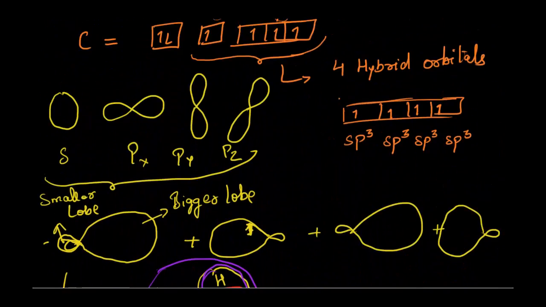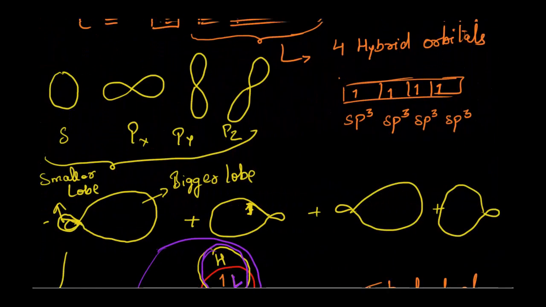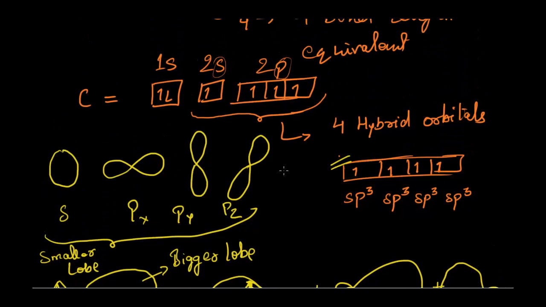Now some of the points to take down from this video: whenever hybridization is happening, the number of hybrid orbitals formed, so here we got four hybrid orbitals, is equal to the number of hybridizing orbitals. Here the hybridizing orbitals are one s orbital and three p orbitals. Therefore the number of hybrid orbitals will be equal to 4, because here I have 4 hybridizing orbitals. This is 1, 2, 3 and 4.